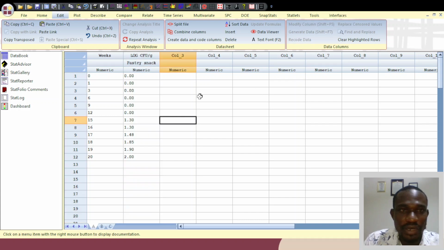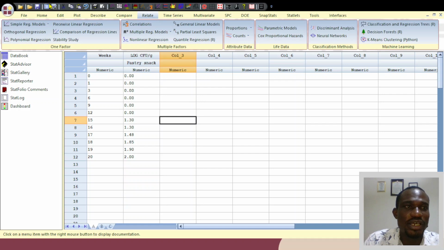And so now we have our data, and we just head straight to the relate menu on the menu bar. And as you can see, under the regression ribbon, we have the simple regression model, piecewise linear regression, orthogonal regression, comparison of regression lines, polynomial regression, stability study.